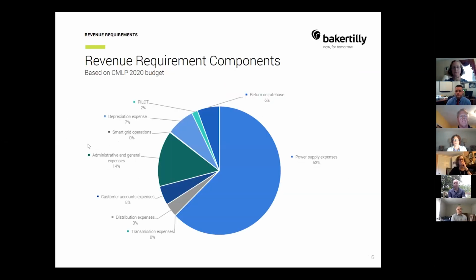Yeah, and I just thought that this is a very useful division of what the actual components are. I was thinking, would it be possible to explain, we were previously talking about the misalignment between costs and revenue across classes.